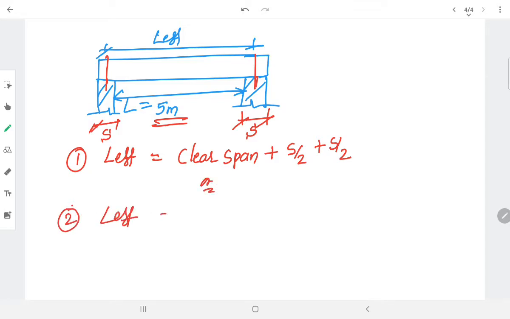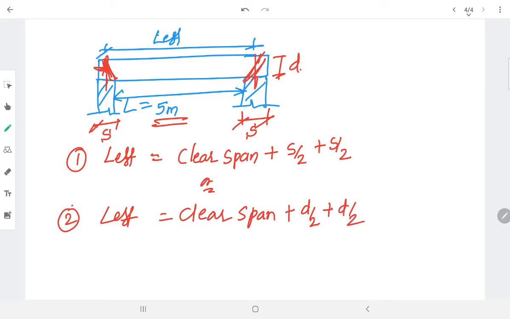Or the second criterion: L effective is equal to clear span plus the effective depth d, since generally bending moment is taken from the center of the support, or it may be at half of d. In that case it will be d by 2 plus d by 2.